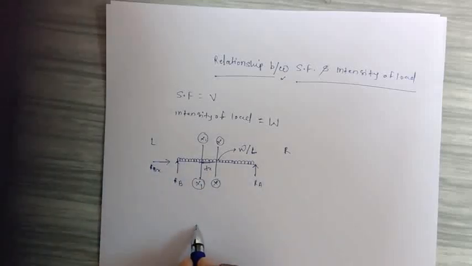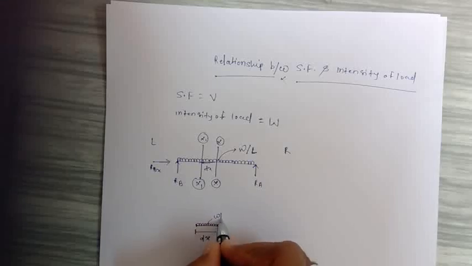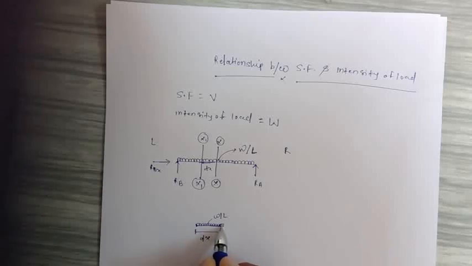The intensity is here, the distance is dx, and this is the load W per unit length on this small beam having a distance dx.